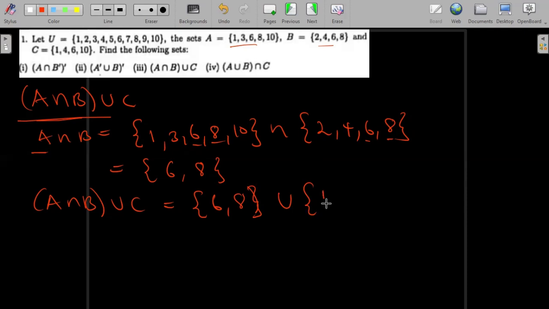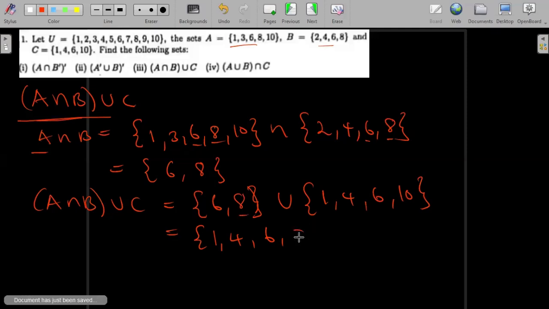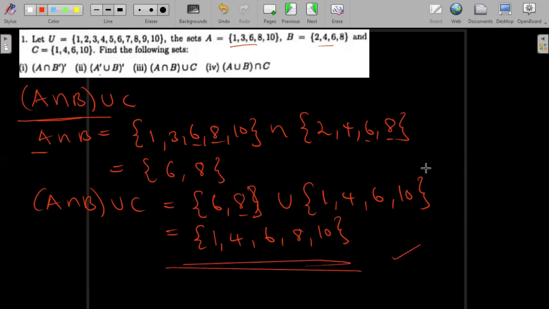My C is 1, 4, 6, 10. And union just means combining all these elements together. I have 1, 4, 6, then I have 8, then 10 will come there at the end. And this is what I'll have in my A intersect B union C. This is the final answer.